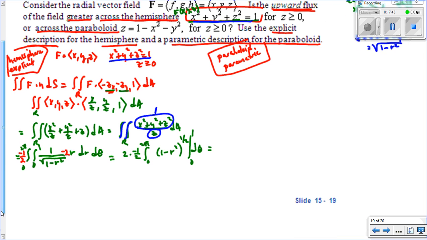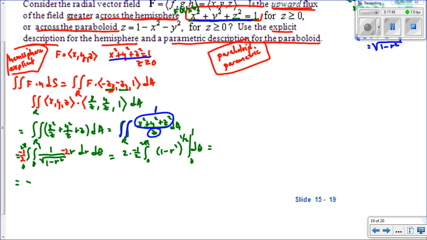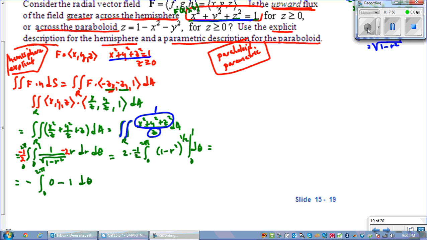Okay, so now evaluating, we'll have 0 minus 1. Okay, so we get 2 pi. So that is the upward flux across the hemisphere.